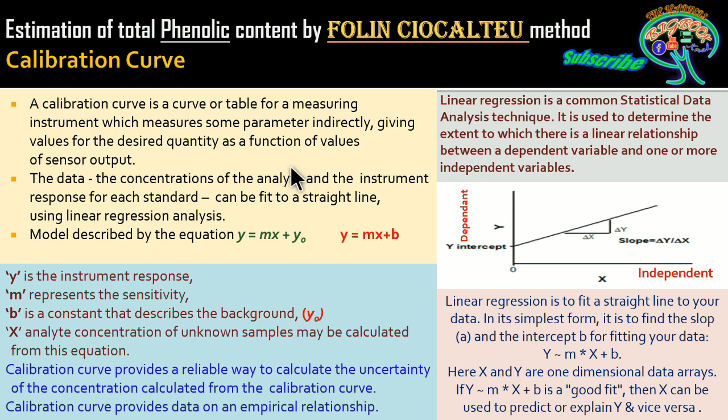Now here, in the previous point we spoke about both, but here also it is speaking about the desired quantity as a function of values. There is the standard series where the measurement is done under the parameter indirectly to get the values, and those are fit into a straight line, where this straight line is further subjected to linear regression.